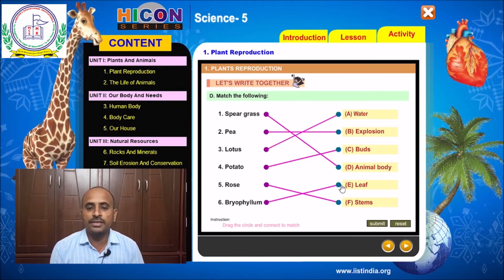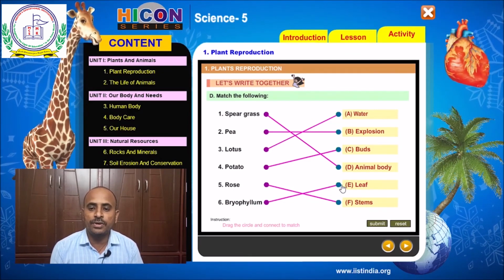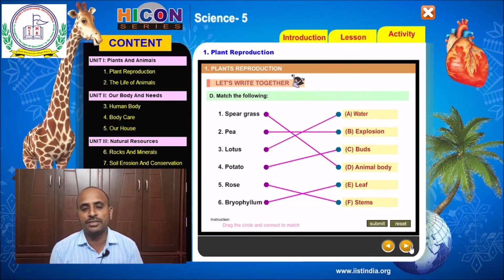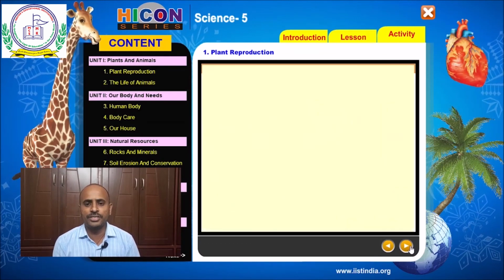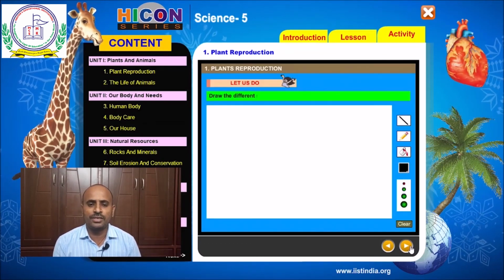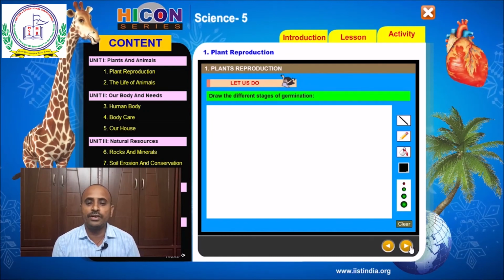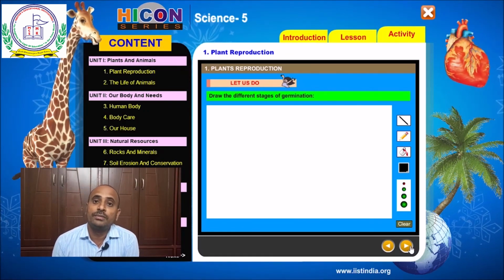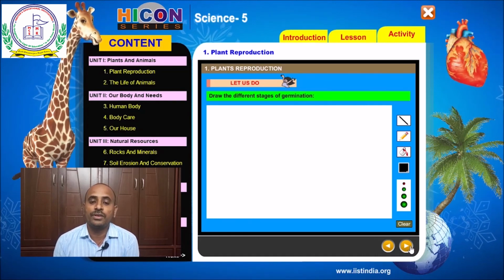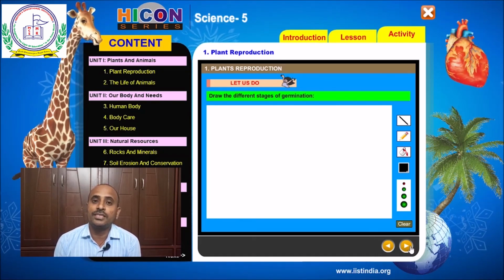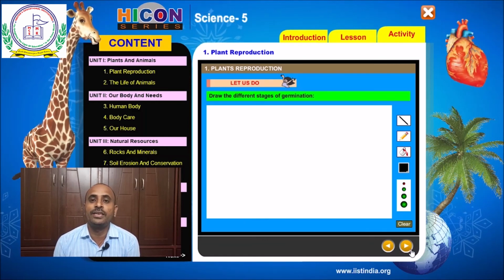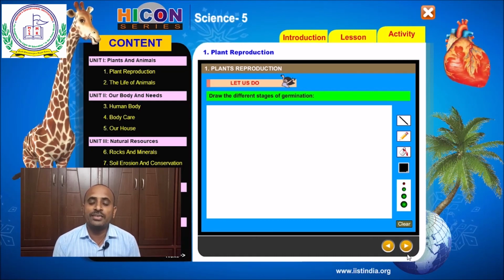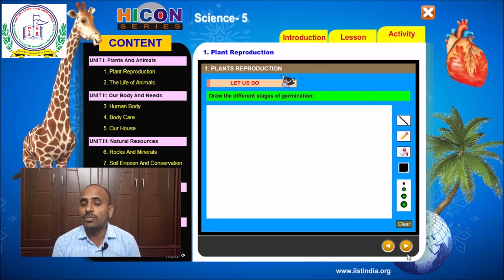Children, let us enter the next activity in the exercise part. Draw the different stages of germination. Here we have to draw the different stages of germination of a seed. The picture is given in your textbook. First, the seed is planted in the soil, and if you pour water on the seed, then the embryo gets life, and first the roots come outside the seed.